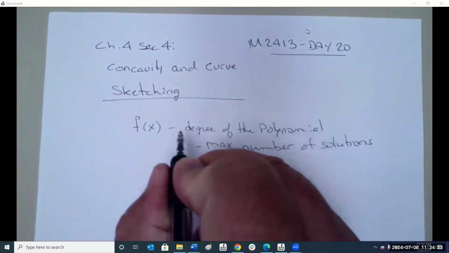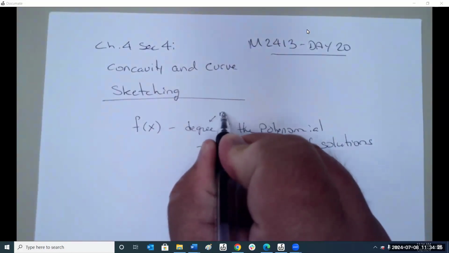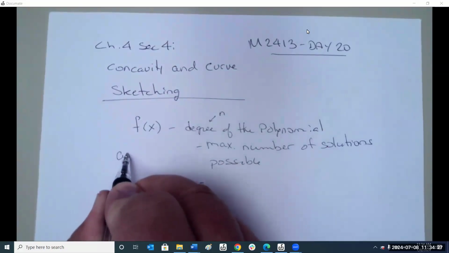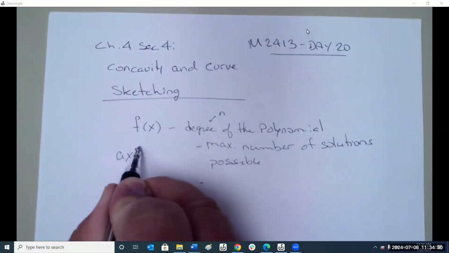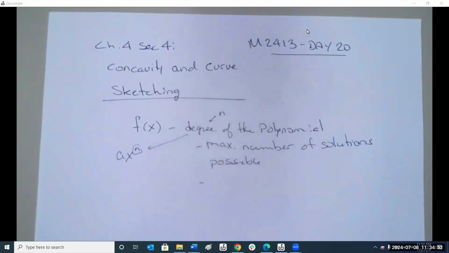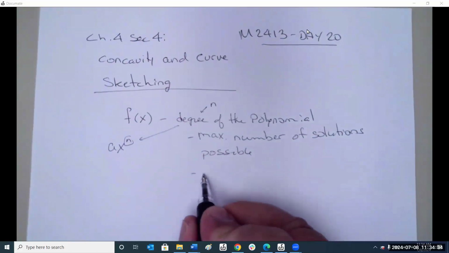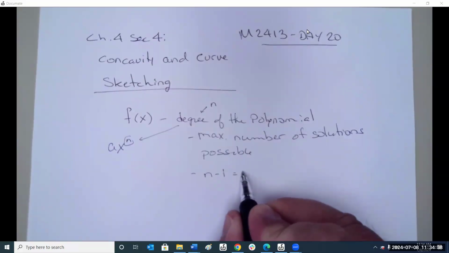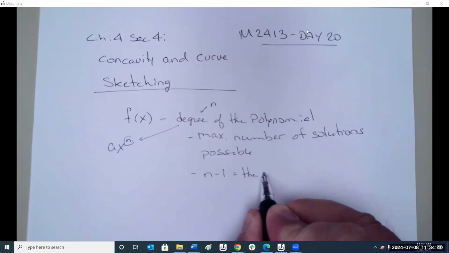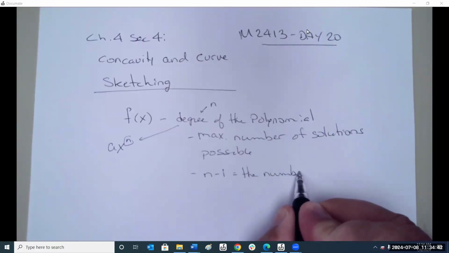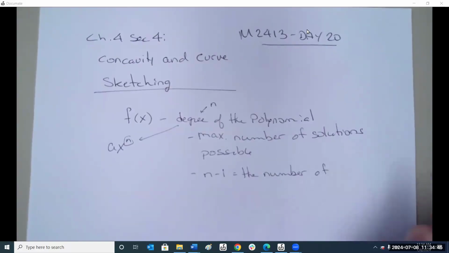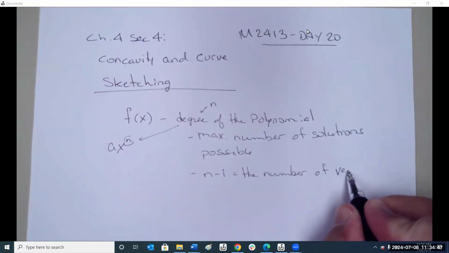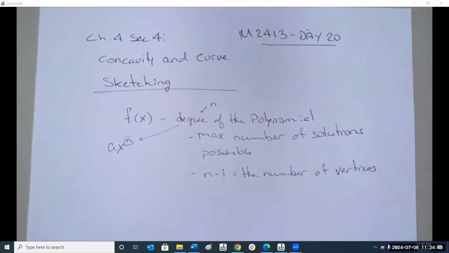Since the degree is the letter n, we have ax to the power n. That's the degree. N minus 1 is the number of vertices.